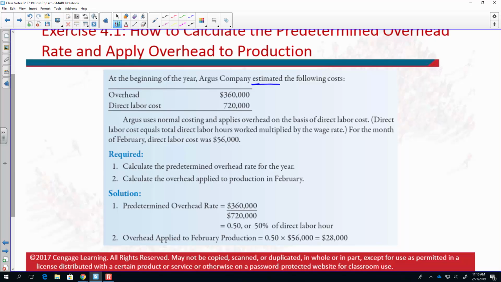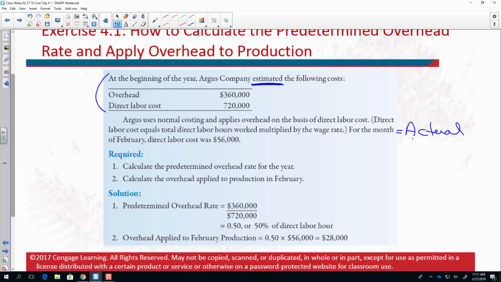So, in example 1, they present the estimate information first. The actual information is sitting in the sentence. So take a moment and read exercise 1 for me.